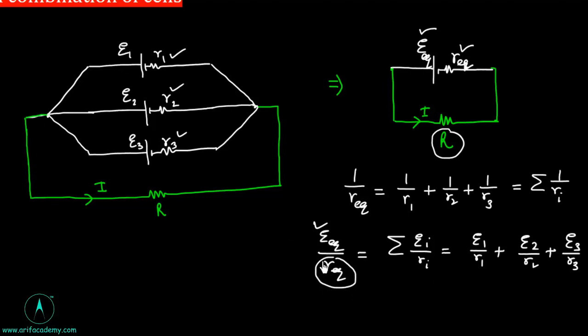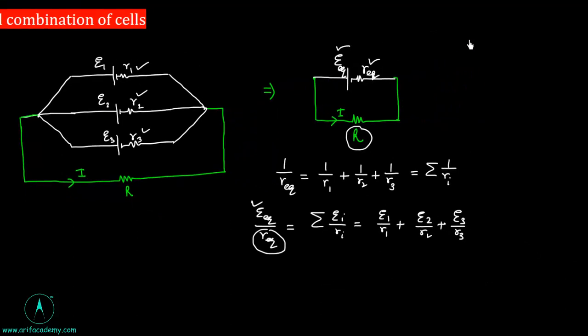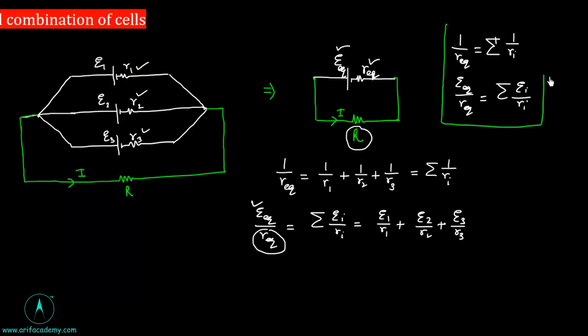This is the formula to remember all the time: R equivalent is equal to the summation of 1 upon Ri, and E equivalent upon R equivalent equals the summation of Ei upon Ri. This formula is to be remembered in case of parallel combination.